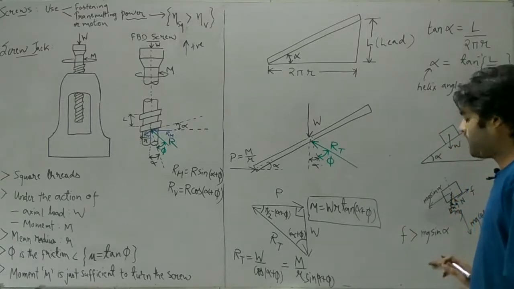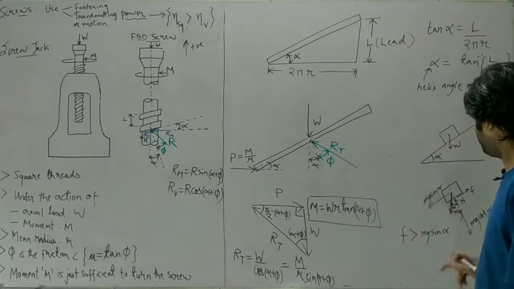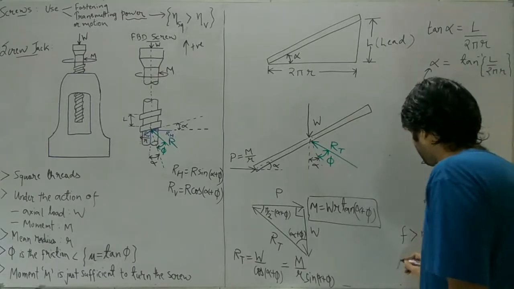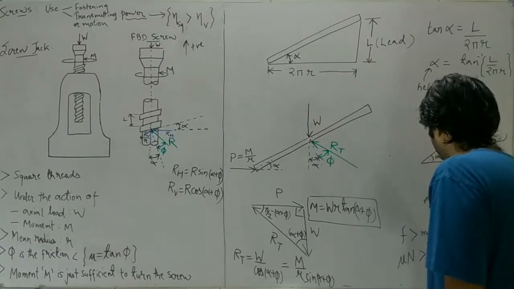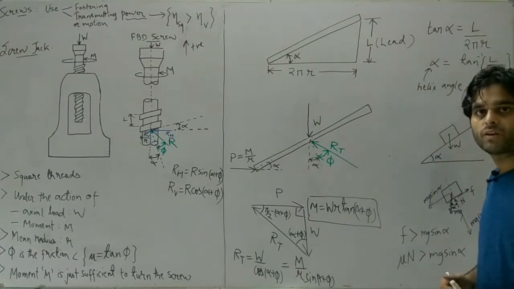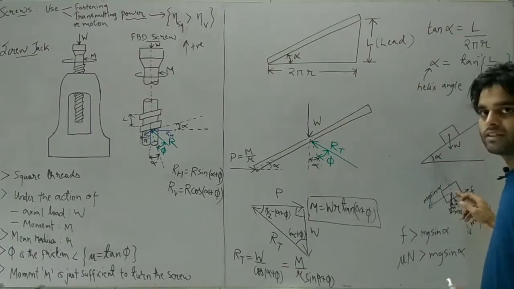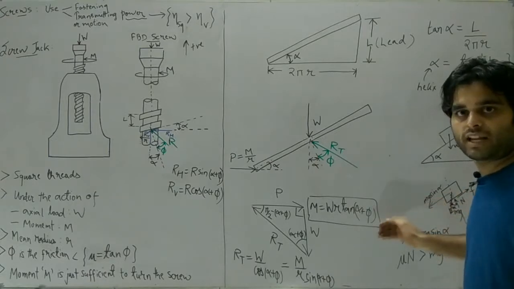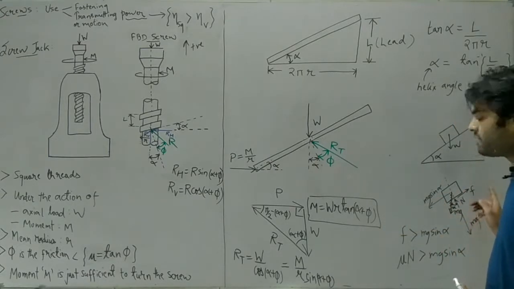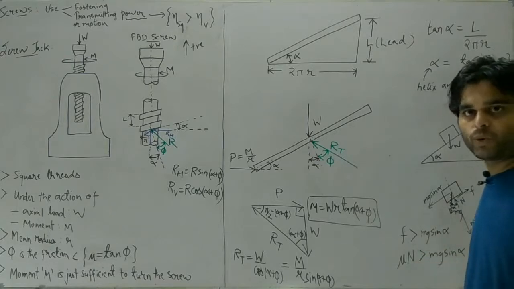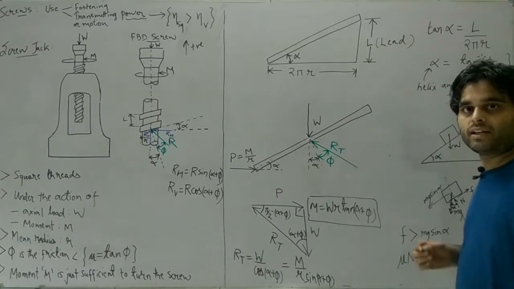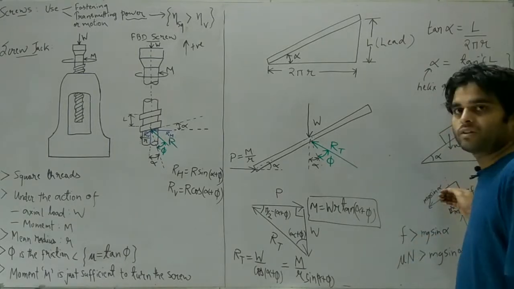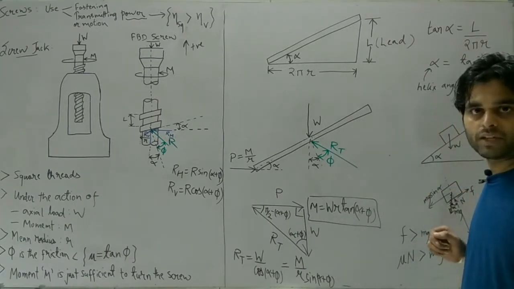Now the greatest value of F can be mu N. When this mass will have a tendency to just slide down the incline, then the frictional force will be equal to mu N. So mg sine alpha should be less than mu N to not cause the sliding of this mass.